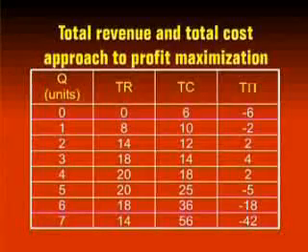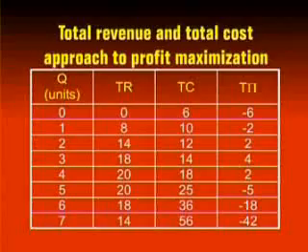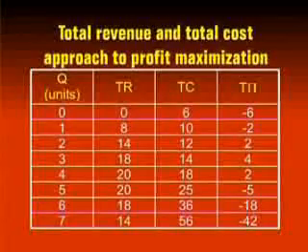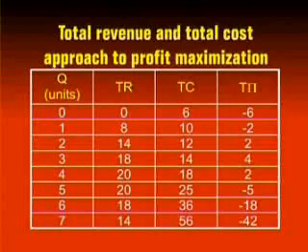Now these figures in the table shown here are consistent with those shapes of the total revenue and total cost curves. As you can see, when 1 unit of output is produced, total revenue is 8, total cost is 10, and therefore total profit is 8 minus 10, which is equal to minus 2. And note here that we are talking about supernormal profits. Then at quantity 3, the total revenue is 18 and total costs are 14 and total profits are 4.